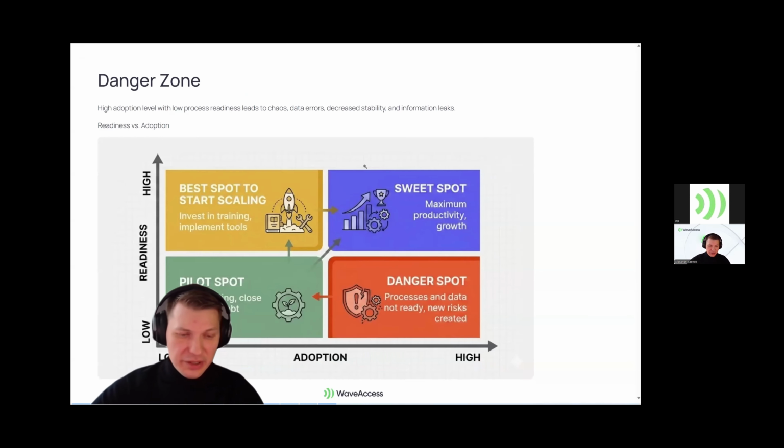Another approach: the people are very important, the technology is important, and also you need to understand where your company sits. This is one of the questions we answered during our AI readiness talks with companies, and we also did this internally, to understand the readiness and adoption of your company.